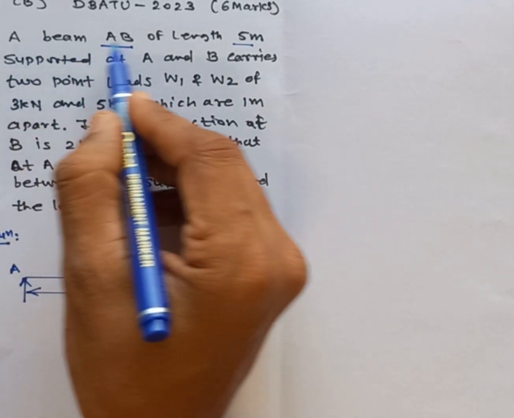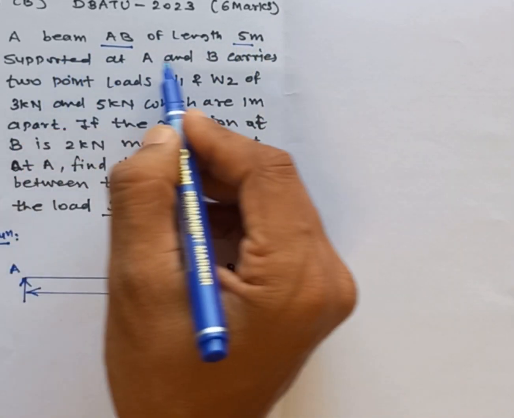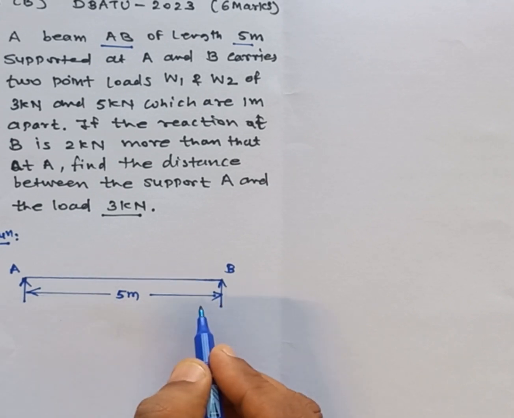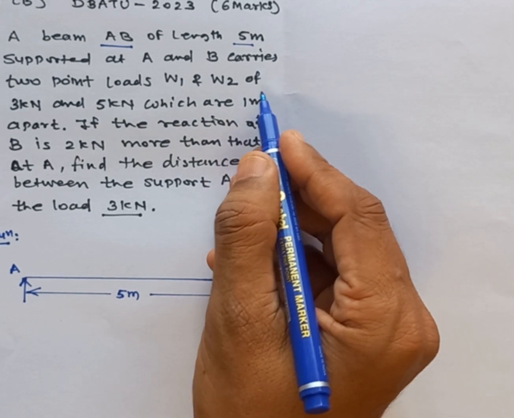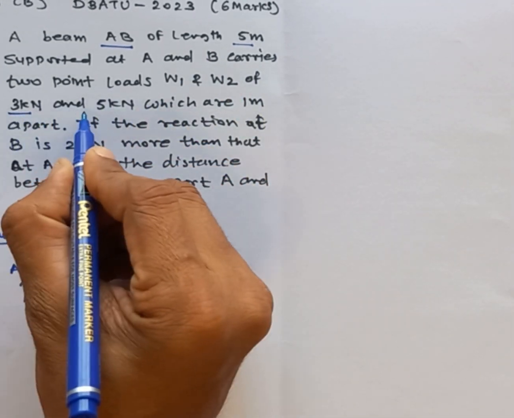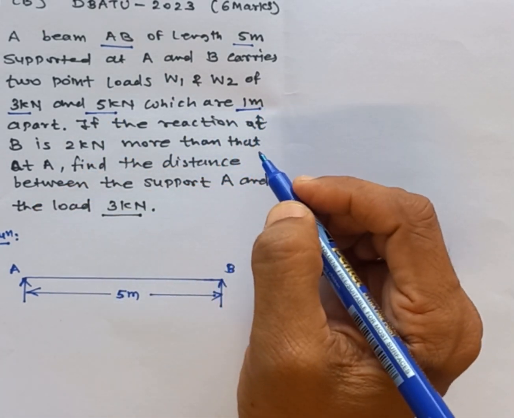So the first line is clear. The beam AB of length 5 meter is supported at A and B, a 5 meter span. It carries point loads W1 and W2 of 3 kilonewton and 5 kilonewton. Now they have not mentioned where they are acting, only that they are 1 meter apart.